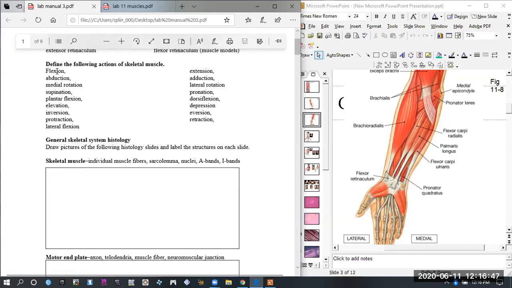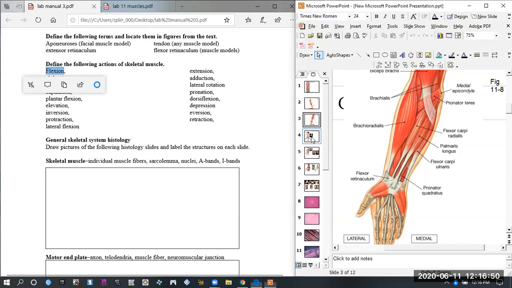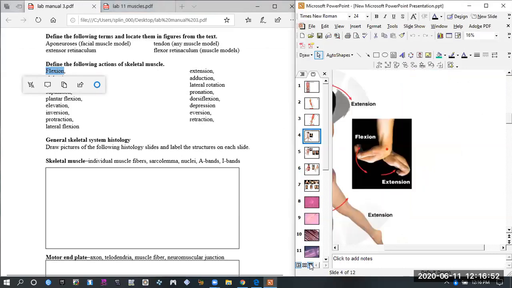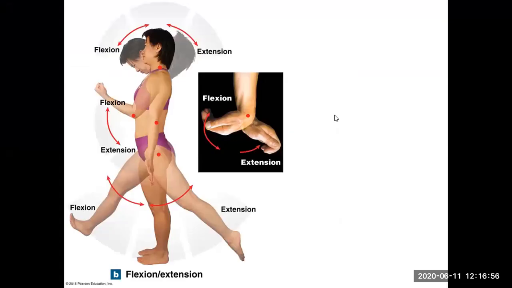So the first pair, flexion and extension. We'll just go through the diagrams here. We want to start in anatomical position, our reference point. When we flex a joint, that truly means that we're reducing the angle of that joint. Imagine your arm straight out: it's 180 degrees, the angle at your elbow.